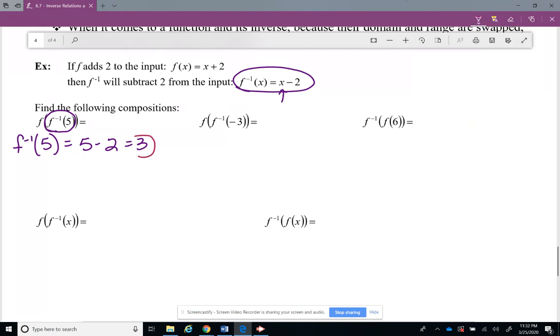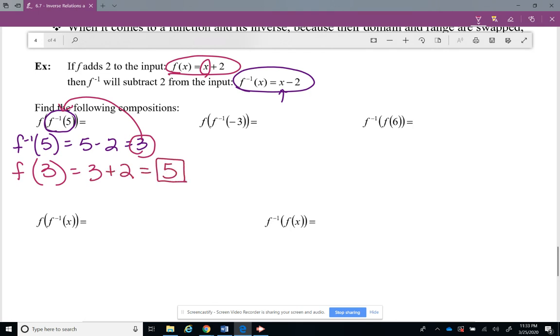All right, so we found out what the inverse of f was. We take that 3 down and we substitute it into f of x. So now we're going to put 3 in the original one, where x is. 3 plus 2 is 5. All right, let's look at the next one. The first thing we want to do is something with f inverse.